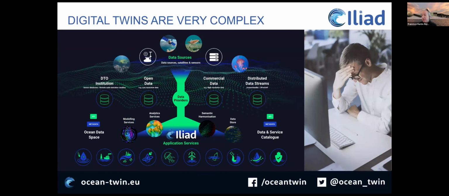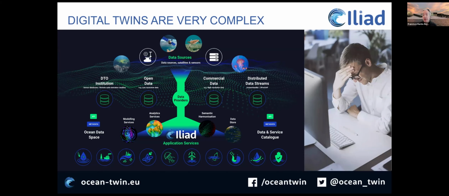So this is another picture of basically what the Iliad project is aiming to achieve. You will have multiple application services that try to help you prepare your data to do analytics or simulation. You will also have analytics services ready for you to play with or use for your research. You will have complex modeling services.